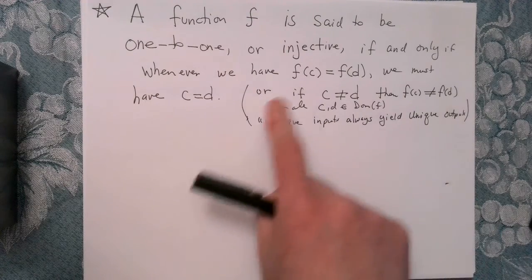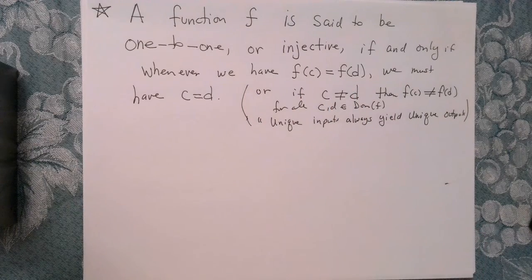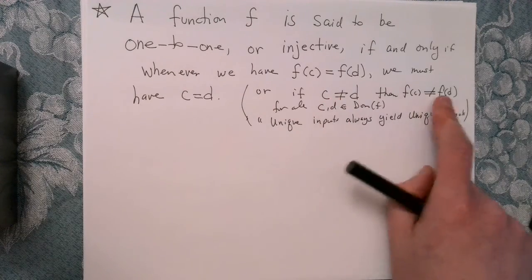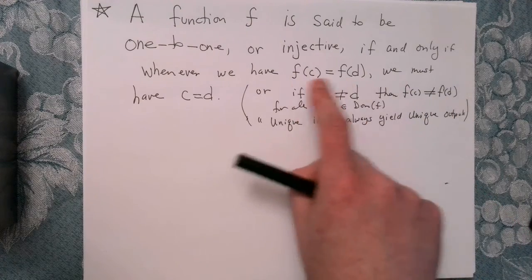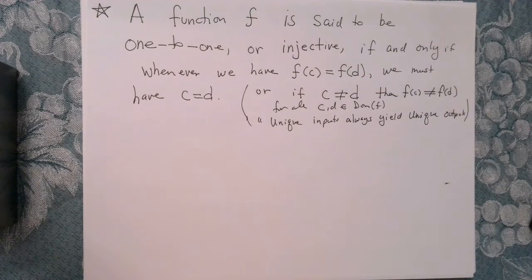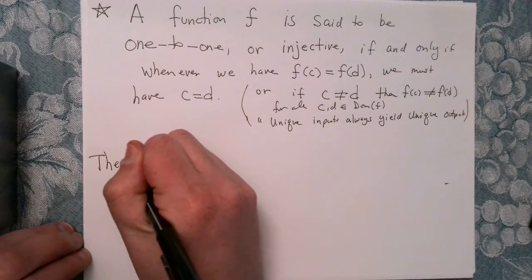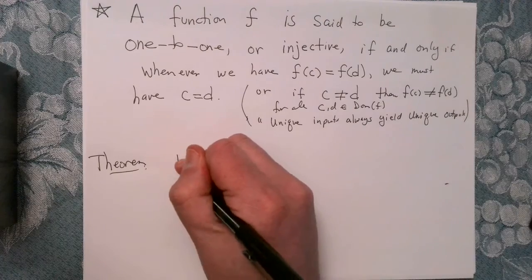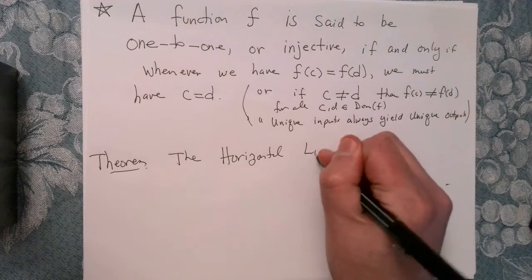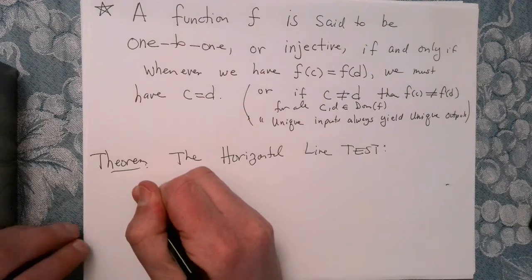For new learners, these two are actually equivalent. This might be easier for someone to think of: unique inputs lead to unique outputs, or suppose I had equal outputs, it must have come from the same input. Okay, well, from this, we get a theorem, and this is called the horizontal line test. So it says the following.